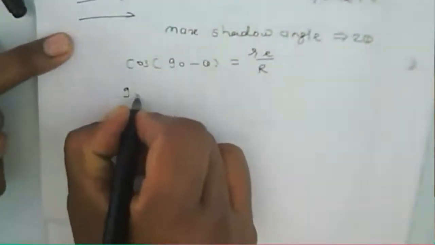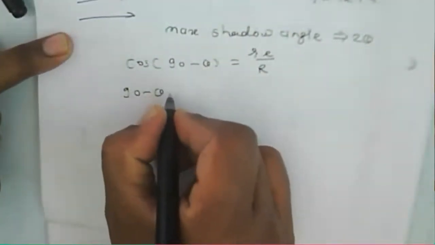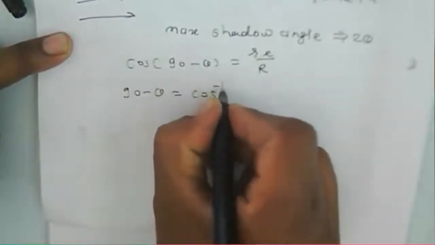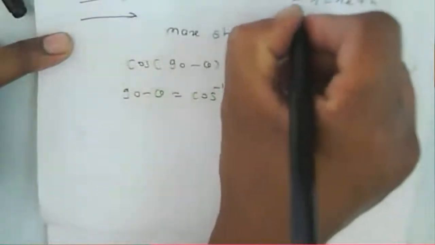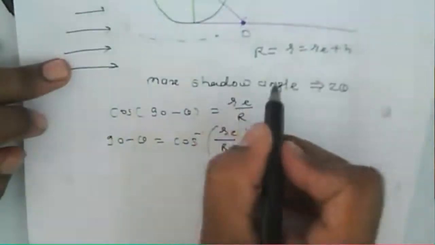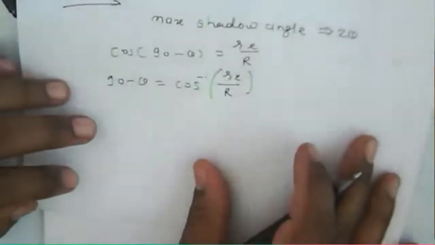So we can solve it: 90 minus theta is equal to cos inverse of R_E by R. I am just writing R or a small r, it is the same here.